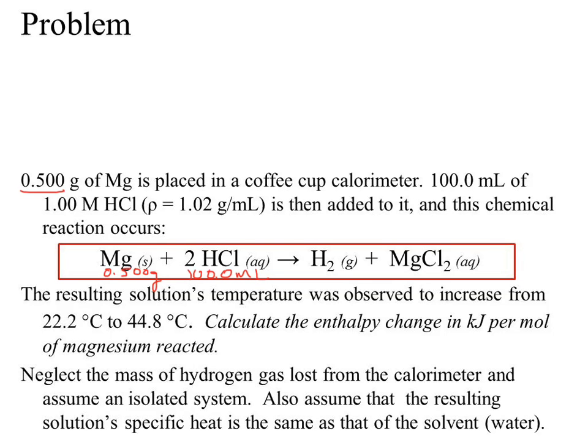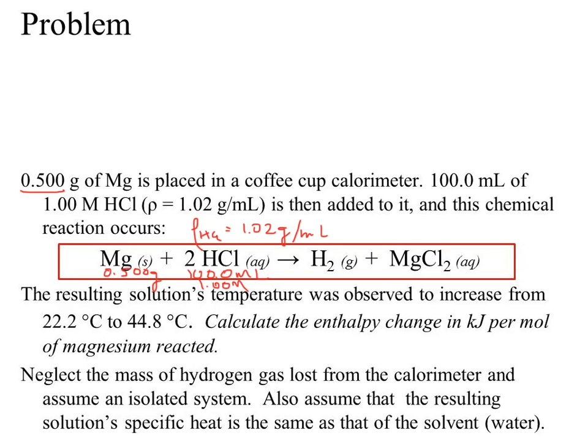We've talked about how we can go from that volume of 100 milliliters and the molarity of 1.00 moles per liter to moles of HCl, can't we? I've crammed that underneath the reactant, so we have information about the two reactants. It also says the density of the HCl is equal to 1.02 grams per mL.